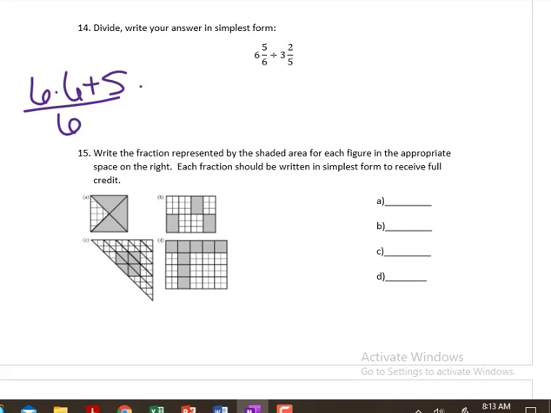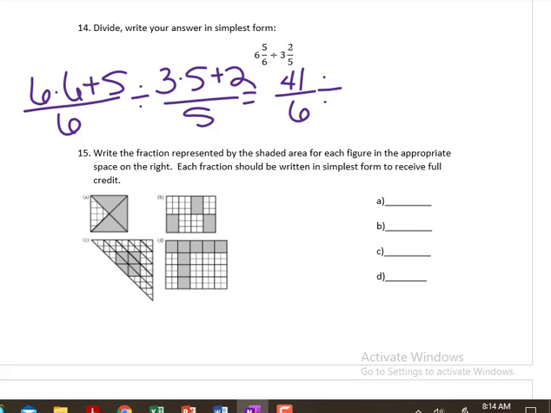And then it will be divided by, as an improper fraction, 3 times 5, the denominator, plus 2 over 5. So to simplify the first fraction, I end up with 41 over 6 divided by the second fraction, 17 over 5.